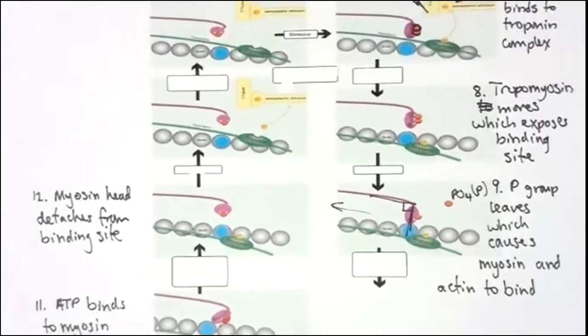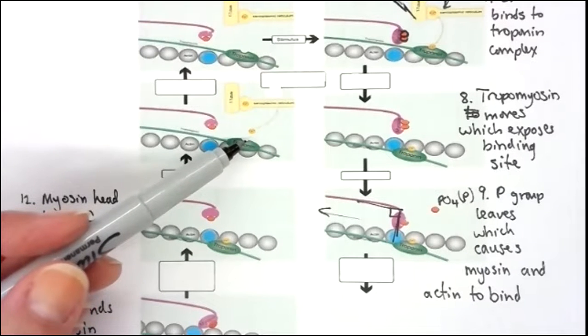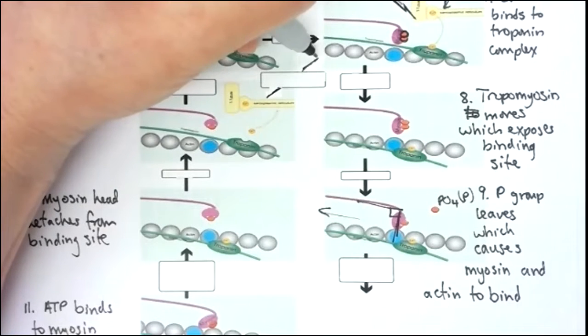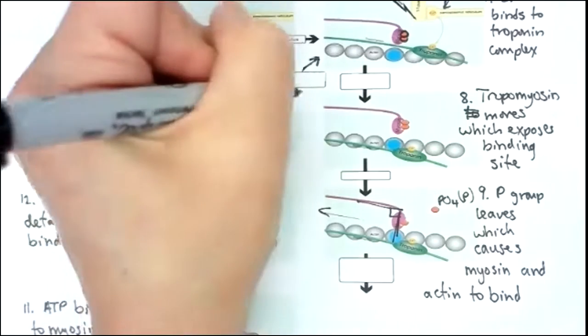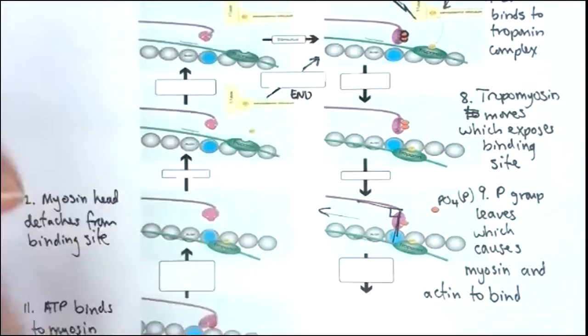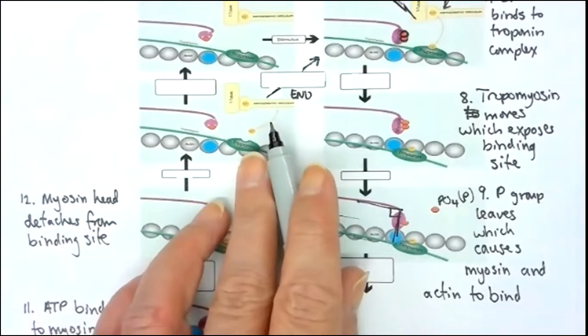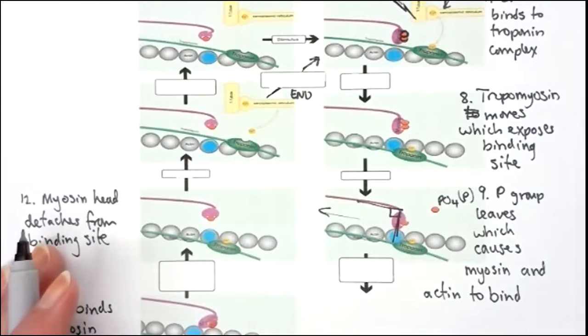If the muscle's done contracting, one of two things can happen here, and there should be an arrow here. So at the end of a muscle contraction, the calcium will get taken back up into the sarcoplasmic reticulum. We're assuming we're at the end of a contraction.